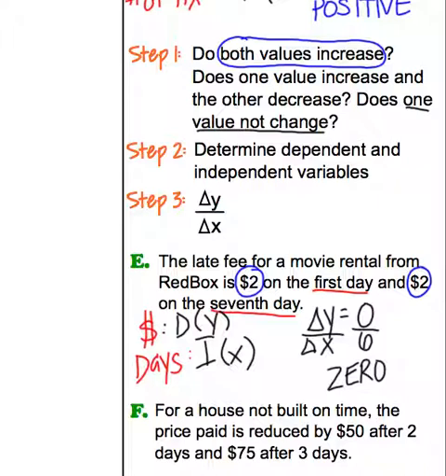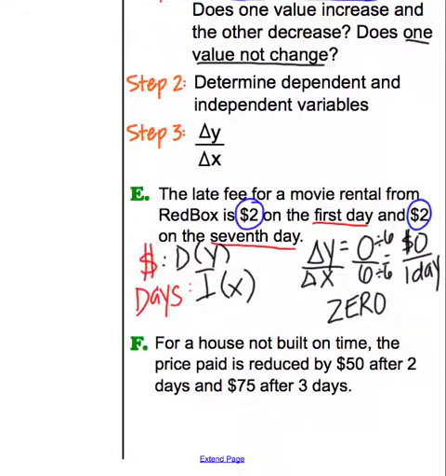So therefore the change is going to be a change of $0 per 1 day, because even if I divide this by 6, 0 divided by anything is 0, making it $0 per day as far as the rate of change. Now mind you, that doesn't mean you don't pay anything for a late fee, it just means that the rate of change does not change.